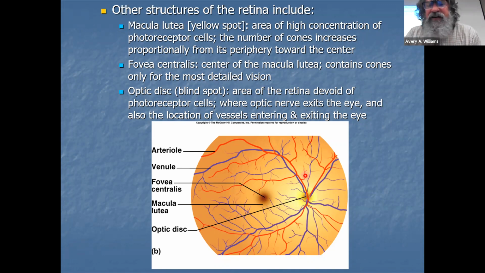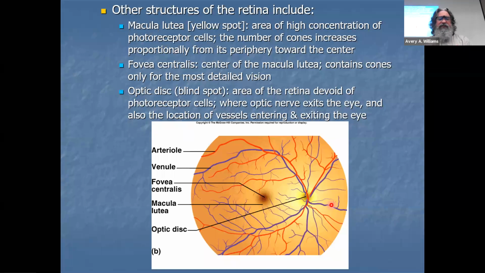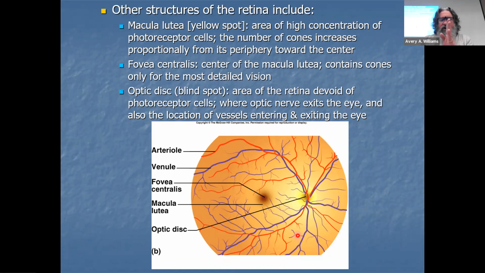When I used to teach the phys lab, we used to demonstrate this. There's an exercise in your textbook. You can do this just for funsies, I guess. Remember I was telling you about peripheral vision. If you're looking at something straight on, say a cross on a piece of paper, and I think they have this in your textbook wherever they're talking about the eye, that cross would be right over the macula lutea, because that's where you're looking.